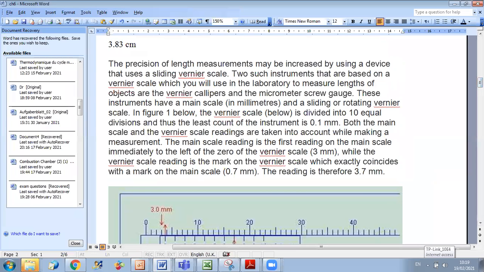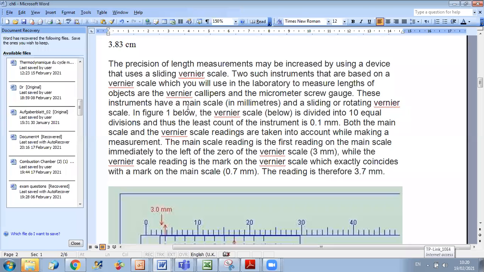First, the precision of length measurements can be increased by using devices that use a sliding Vernier scale. We have two such instruments based on the Vernier scale that we use a lot in labs: Vernier calipers and the micrometer screw gauge.